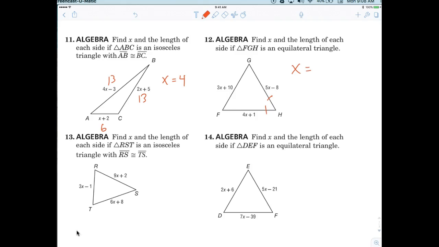Does everybody agree? x equals 9. And if x equals 9, then each side is what? Good. 37, 37, and 37. That's a good way to double check your work. If you plug 9 in, you'll see that all sides are 37. Everybody good with that?